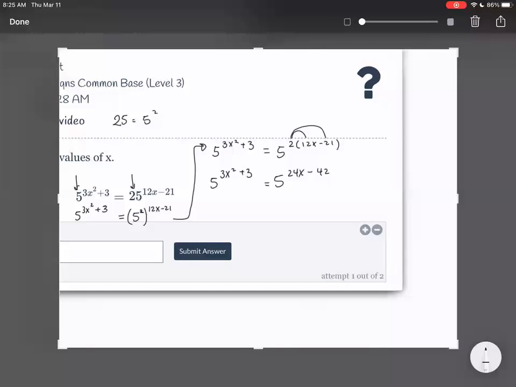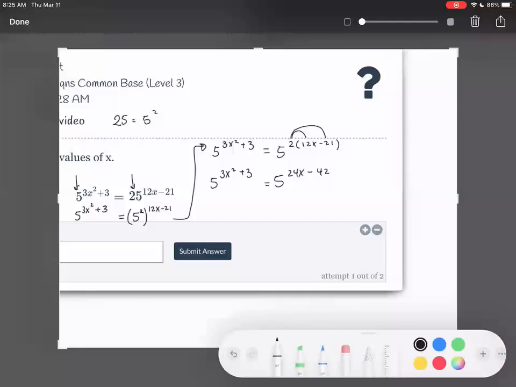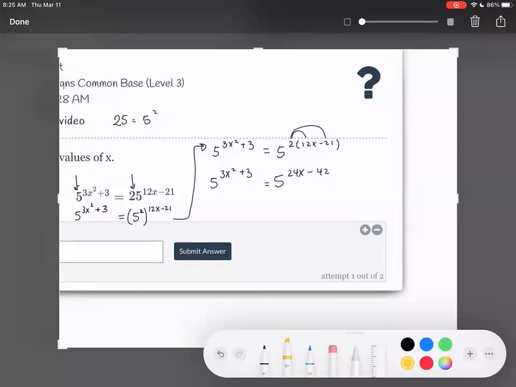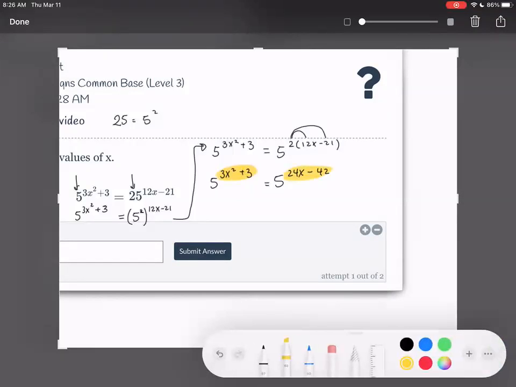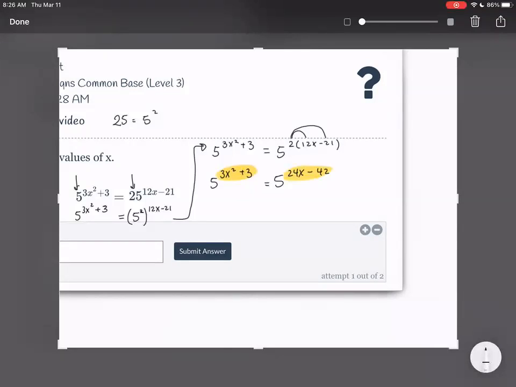So now that they both have the same base, we can focus in on just the exponents. So the 3x squared plus 3 and the 24x minus 42. Let's set those equal to each other. Then we're going to bring everything to one side.